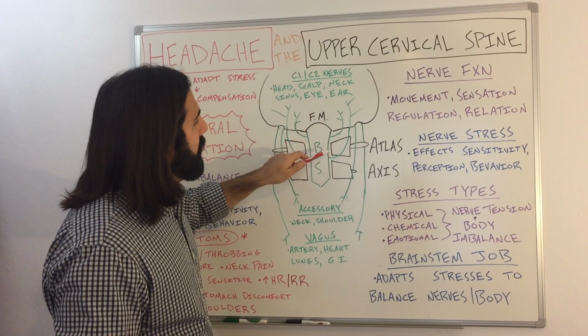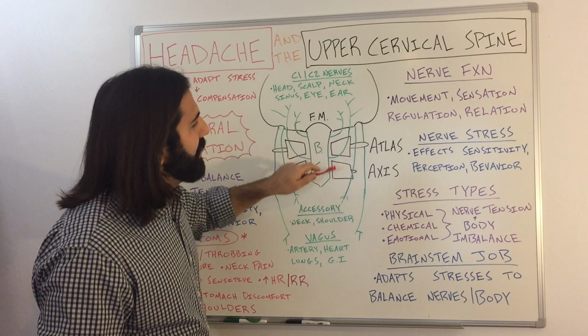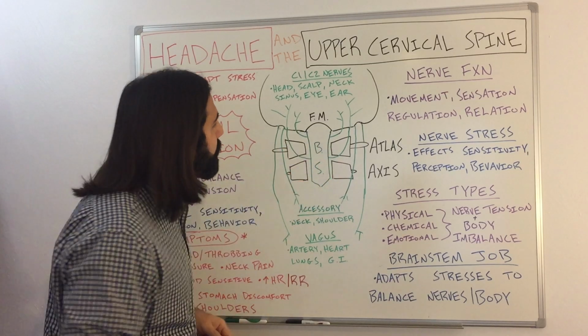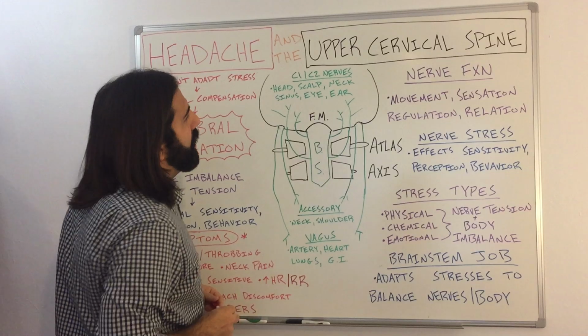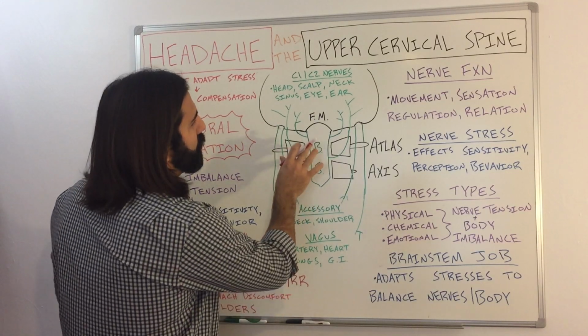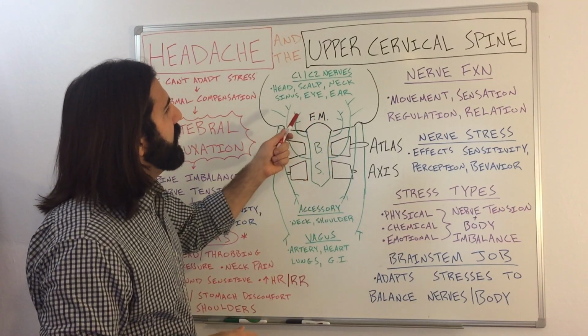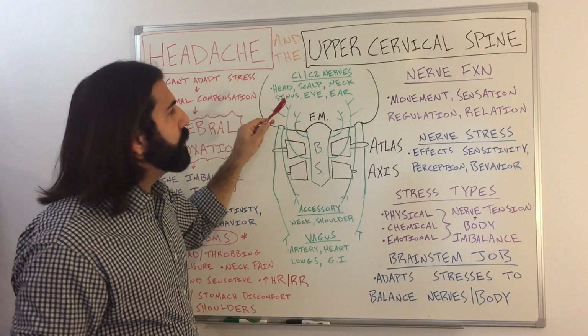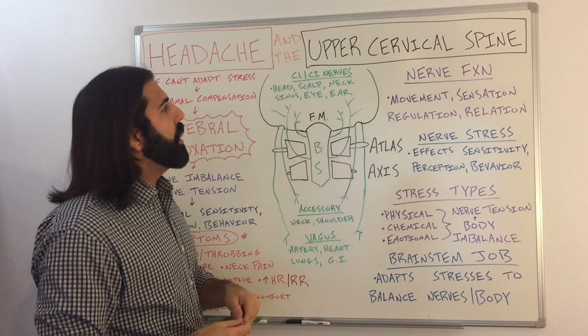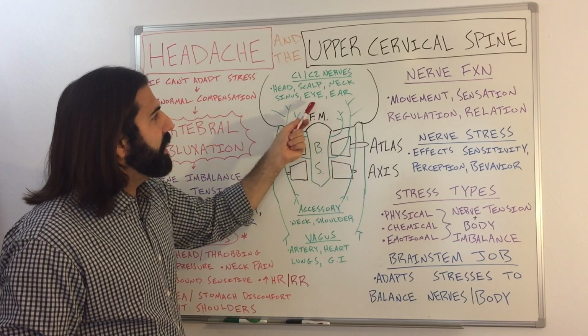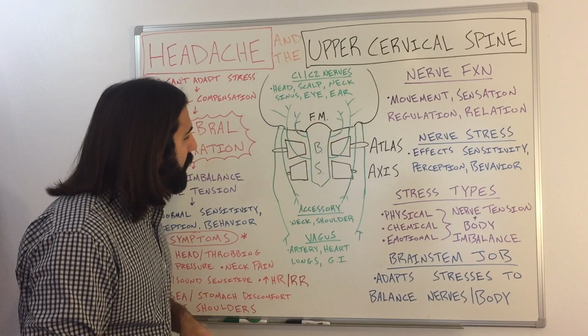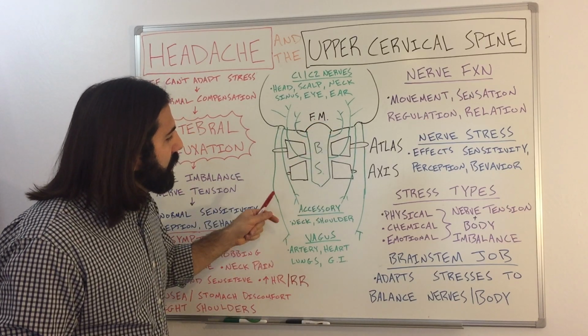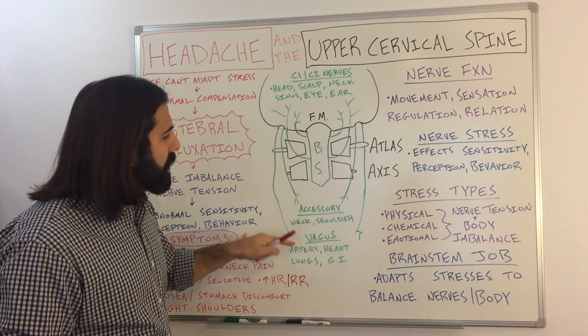It comes off of the brainstem in between the atlas and the axis bone. Both those spinal nerves will travel back up to the head and supply nerve input to the head, scalp, neck, sinus, eyes, and ears.